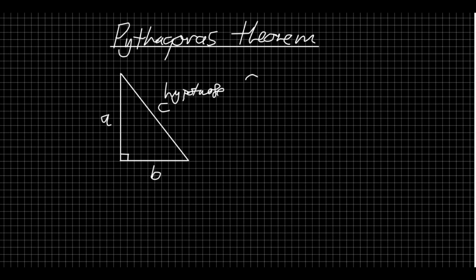So in the Pythagoras theorem here, notice side C squared is equal to side A squared plus side B squared.